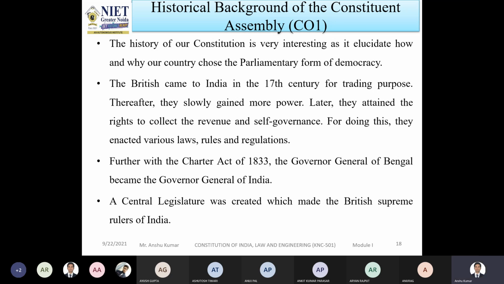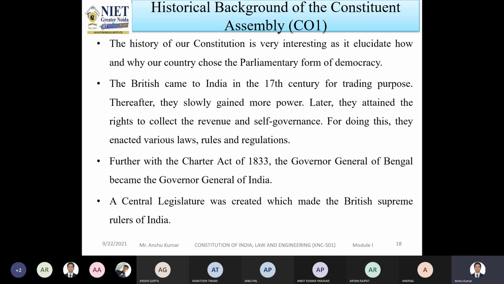Sometimes the Indian system needed a constituent assembly to frame its own constitution. Later the British attained the right to collect the revenue and self-governance. For doing this, they enacted various laws, rules and regulations.